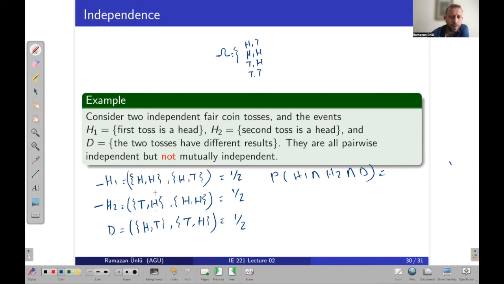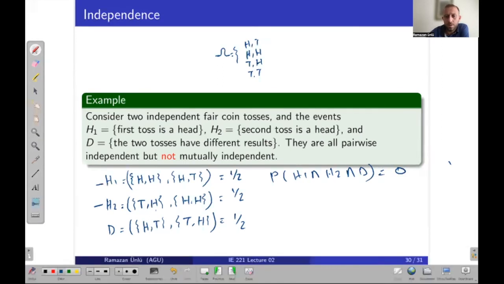I think no. Tail-head, no; head-tail, no. So the intersection of these three events is empty. Let me double check.